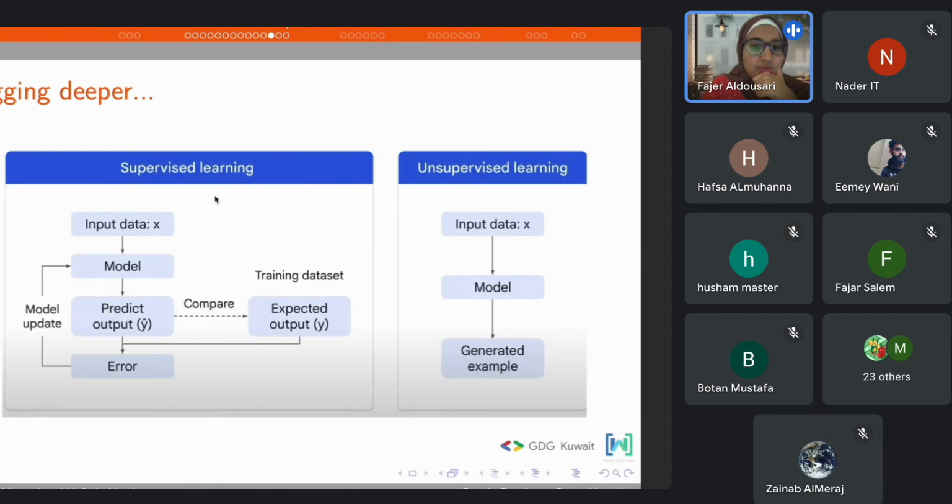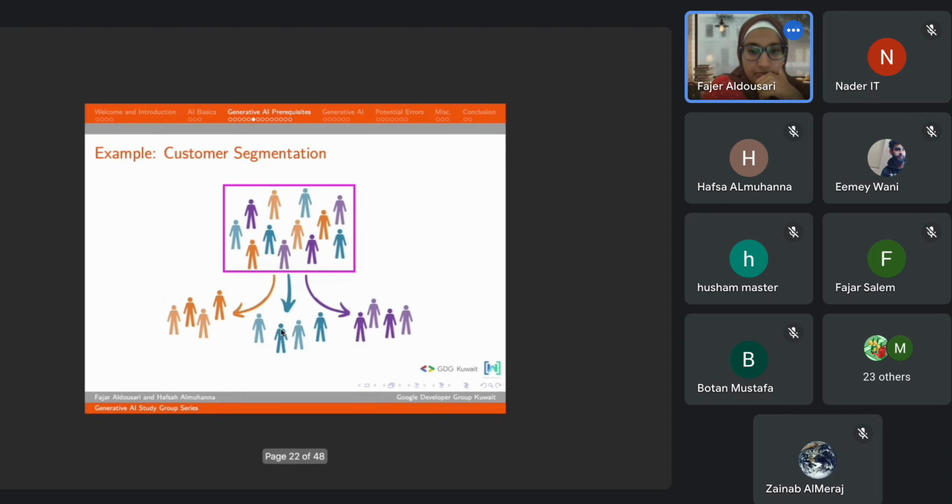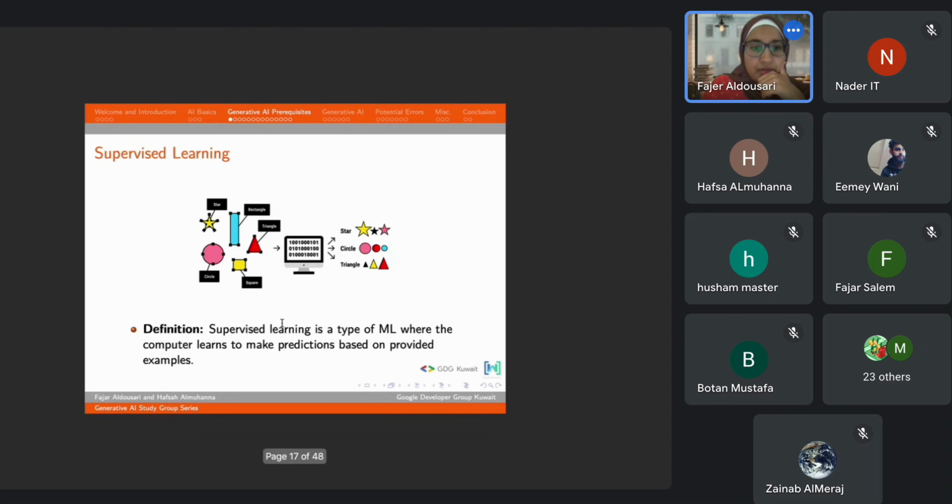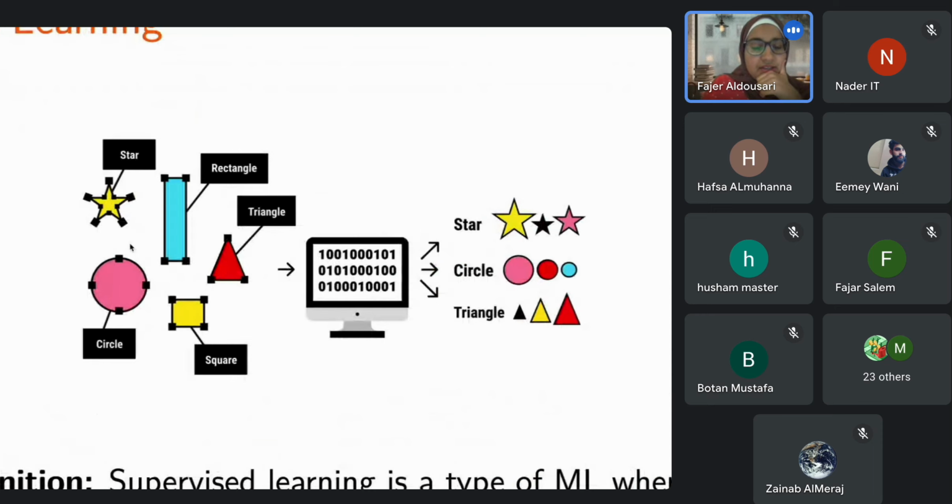In terms of supervised learning, you have an expected output, and the algorithm knows it from the data. If I go back here, if you look at the star or the circle or the rectangle, you've got the star and the label of the star.